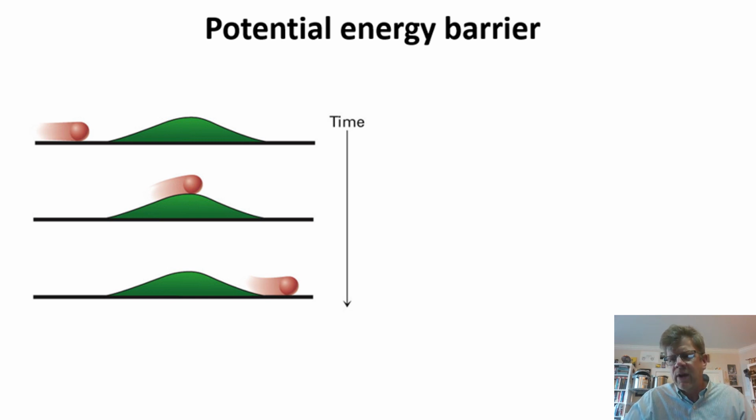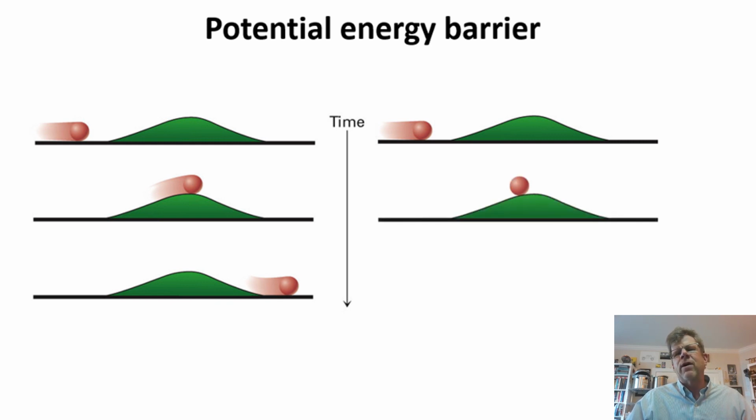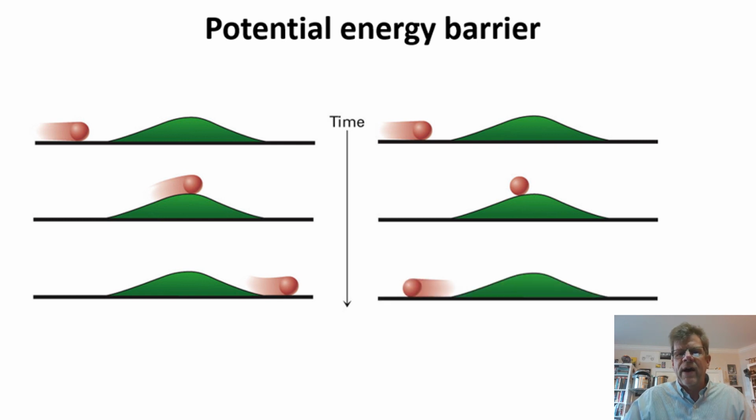If, on the other hand, we had a situation where that marble was not moving as fast as before, and we encounter this sort of hump or this gravitational barrier, it's possible that that marble could make it almost to the top, but then not quite, and then roll down the other side. This would be analogous to an unproductive collision.